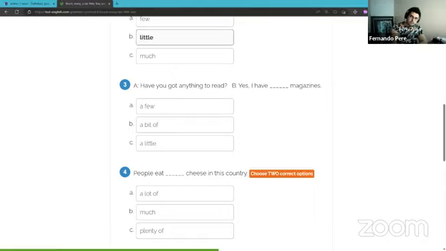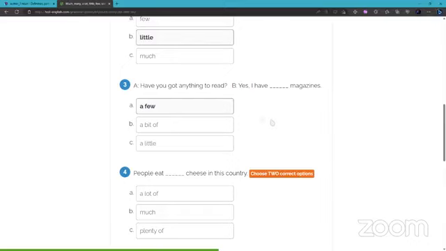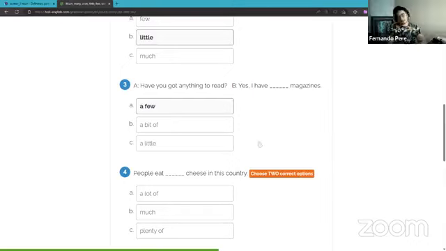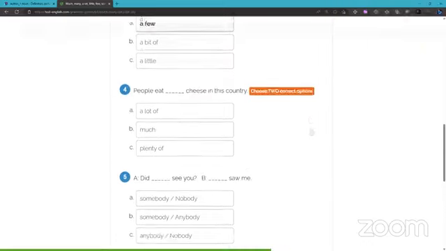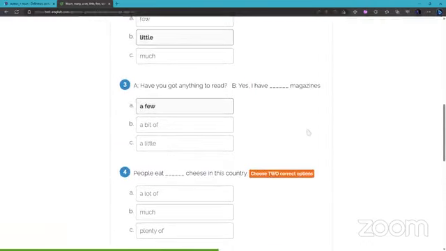A few magazines. You are totally correct. Magazines are countable. The other two are for uncountable. Good. Sorry, teacher. Yes. Sorry.